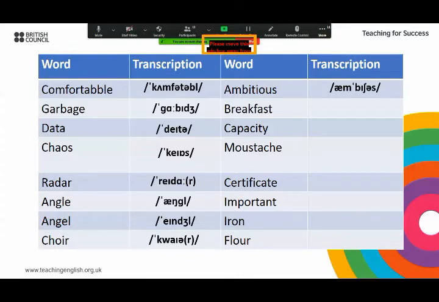Okay, so this is a short sound at the first syllable and the schwa in the next one. So please mute yourself if you don't want to speak. So breakfast. Okay. Next.